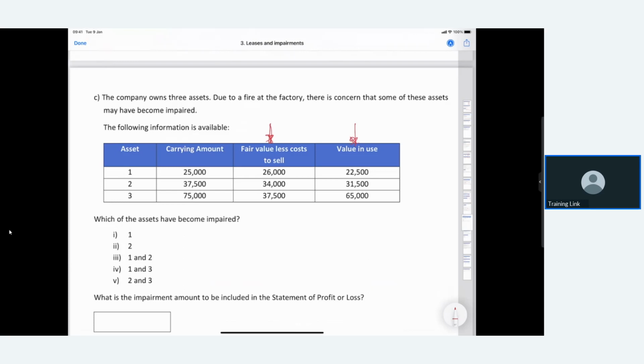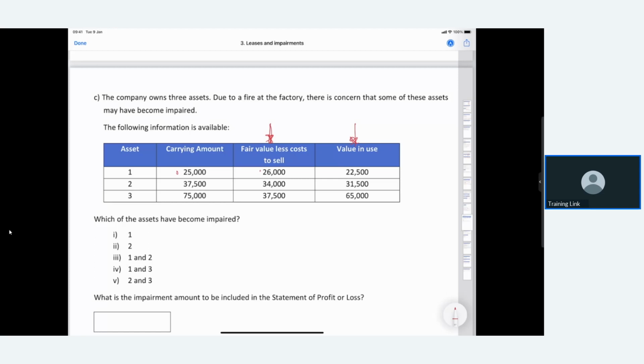So let's have a look at asset 1. Carrying amount is 25,000. The fair value less cost to sell is 26,000, and the value in use is 22,500. Well, is the fair value less cost to sell and the value in use lower than the carrying amount? No, because this is 26,000, so this is higher. So therefore, there would be no impairment.